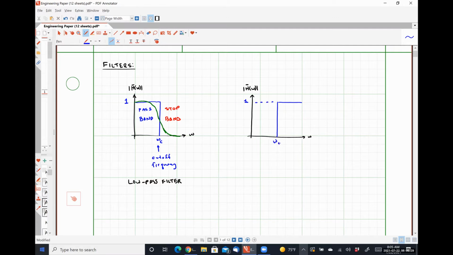Above a cutoff frequency of omega c, we have our pass band. Below omega c, we have our stop band. And this guy is what's called an ideal high pass filter.